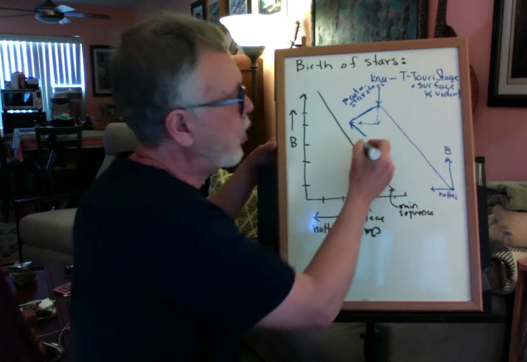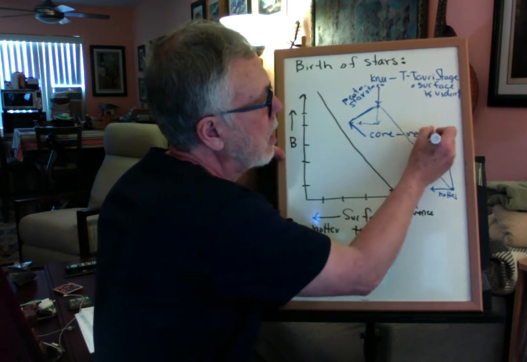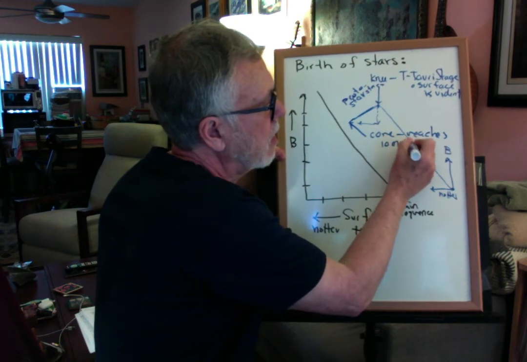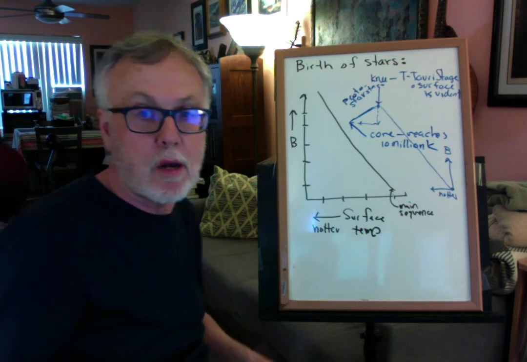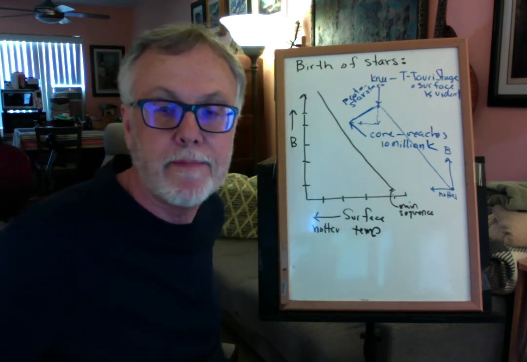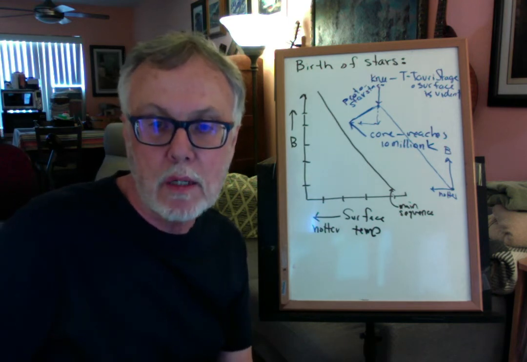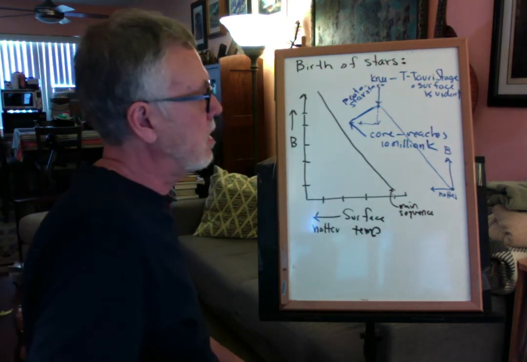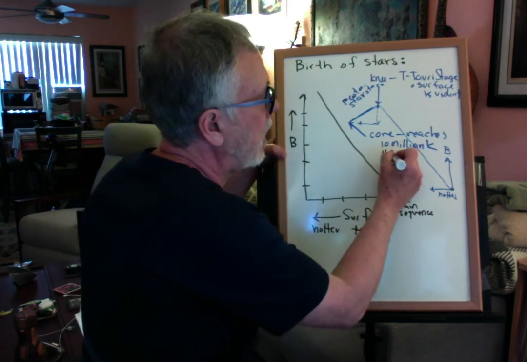At this point, the core reaches 10 million Kelvin. And if you remember, that is the temperature necessary to sustain the proton-proton process, the proton-proton chain. Thermonuclear reactions start there. And this is where a star is born.